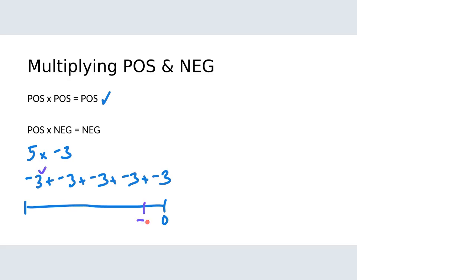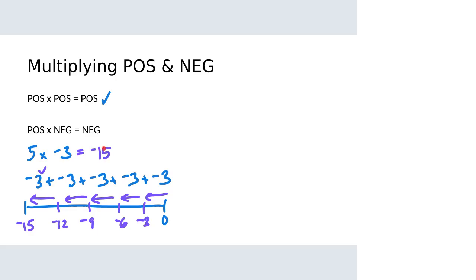That puts us at -3. And then -3 again puts us at -6, -3 again puts us at -9, -3 again puts us at -12, -3 again puts us at -15. And sure enough, we can see that 5 times -3 is going to give us -15.